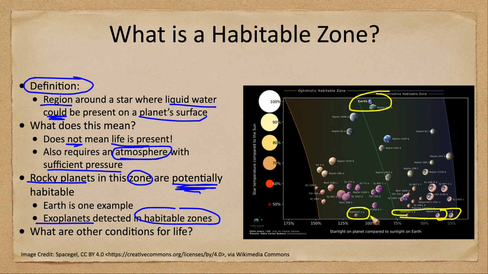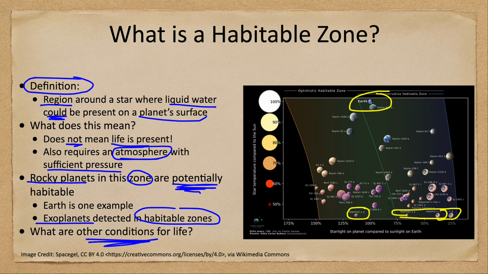The TRAPPIST-1 system is less than half of that. But again, these are all planets that exist within the habitable zones of the star. And we also have to consider, what are the other conditions? What else do we need for life to be present?